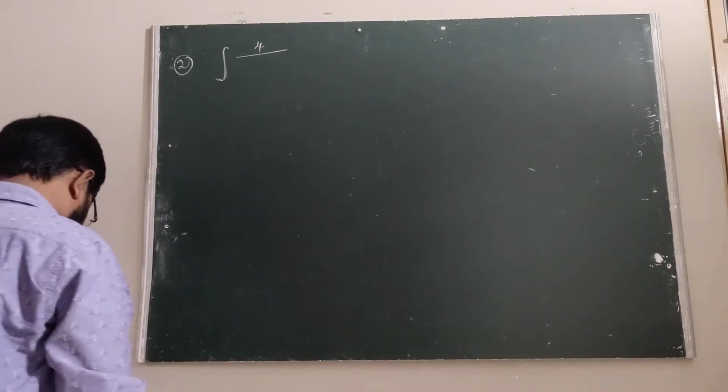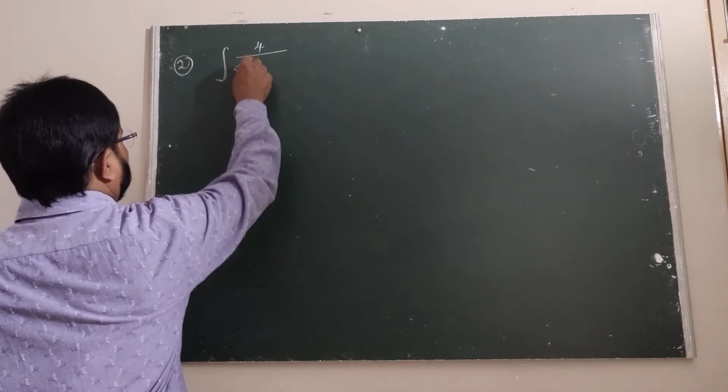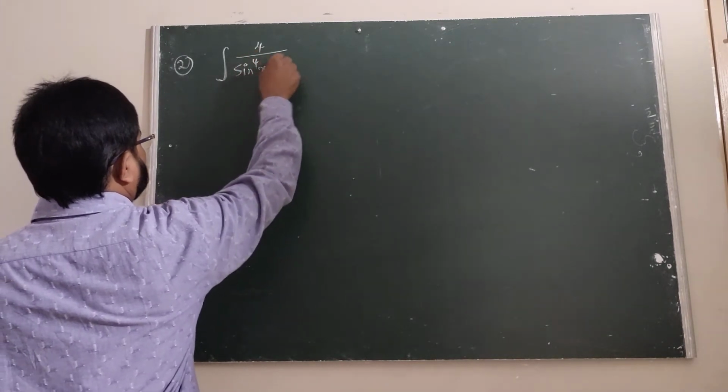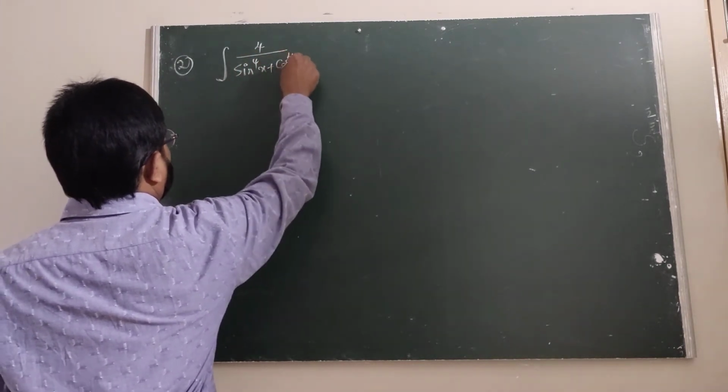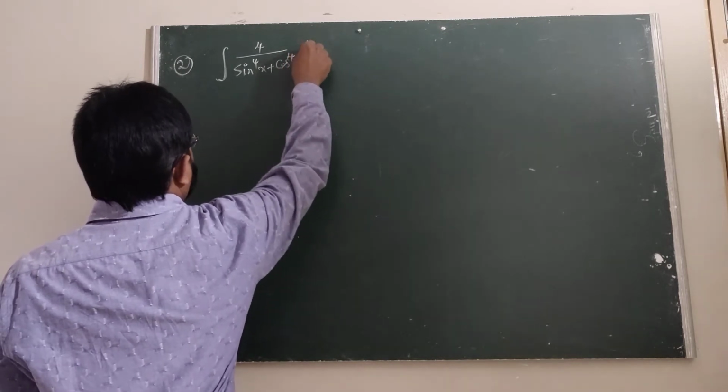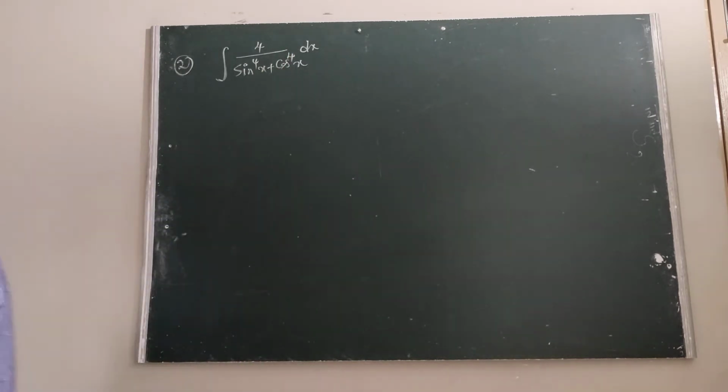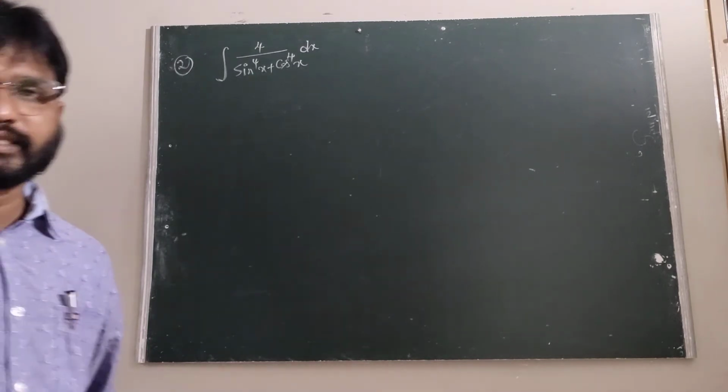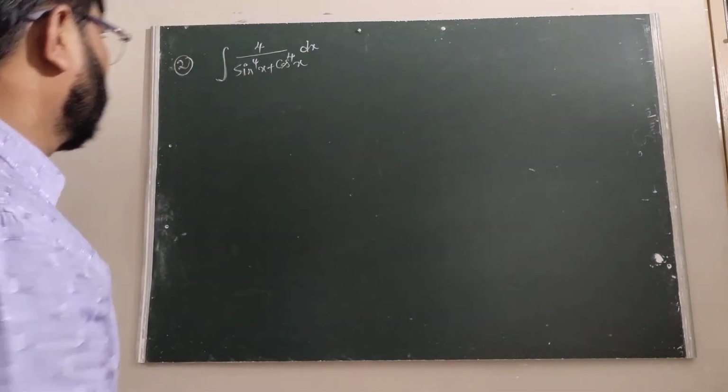Integral 4 upon sine power 4x plus cos power 4x dx. How to solve this one?